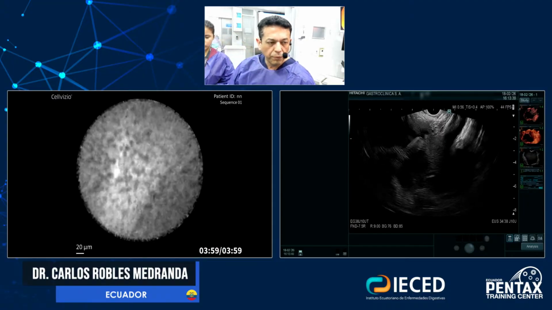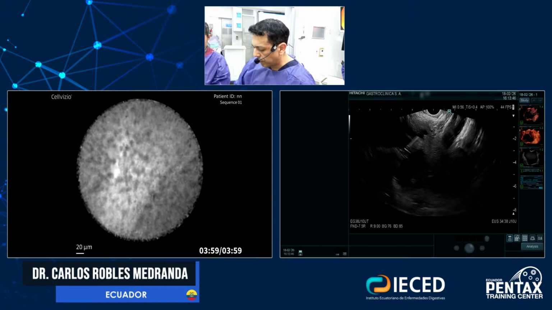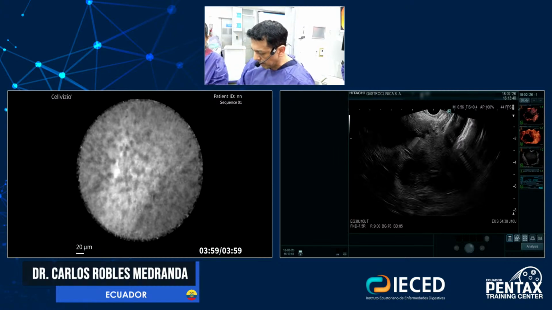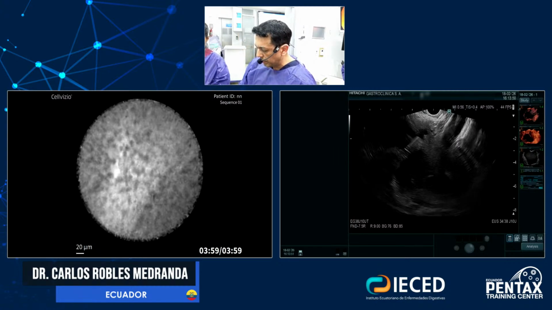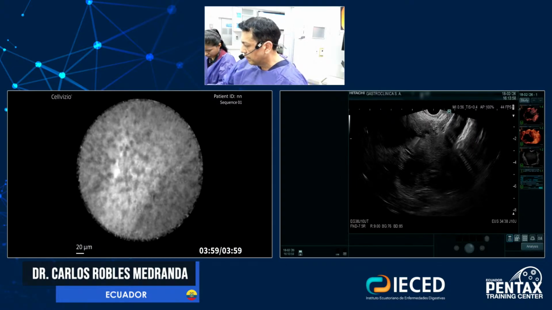Okay, so I remove my confocal, you can see here, and I will take a biopsy using the Moray forceps. There are some studies, well, there's one big study showing the risk of this forceps. Yes, there's a risk of mortality even.